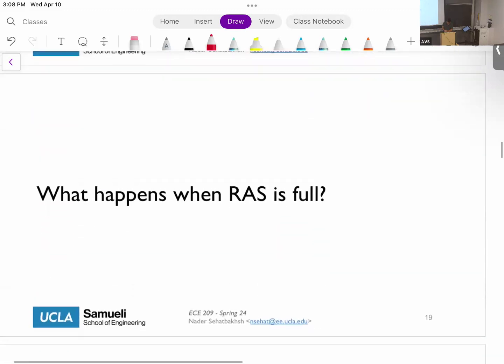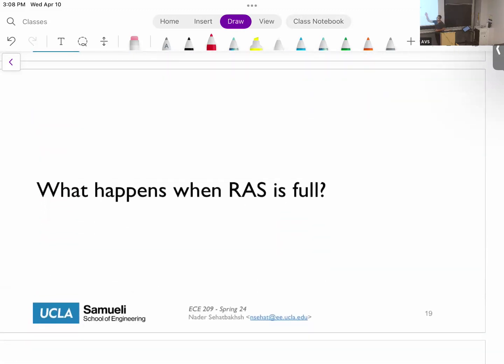Okay. So one big question is, what will happen when the RAS is full? What should we do? Any suggestions? If you have many calls, then what should we do? Well, one simple solution is stalling. Any other solutions you might think of that could save us? Use a bigger RAS, sure.